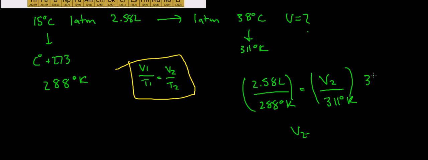Multiply both sides by 311. So the kelvins will cancel, and I'll be left with just liters. This is equal to 2.79 liters.